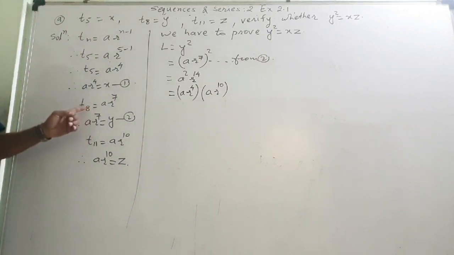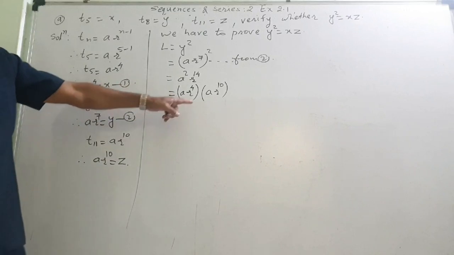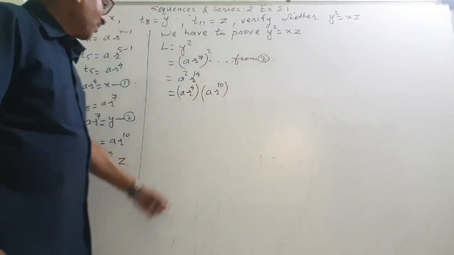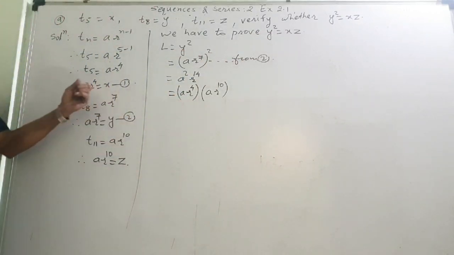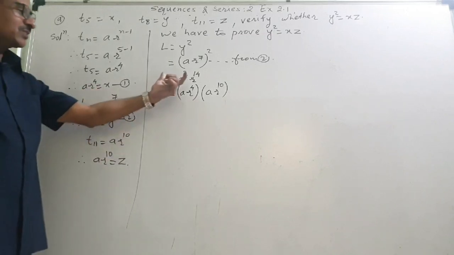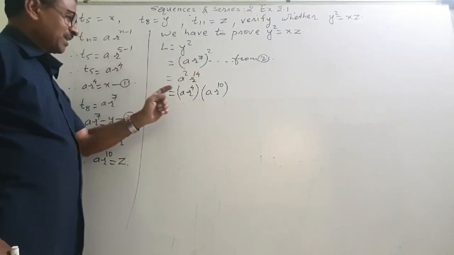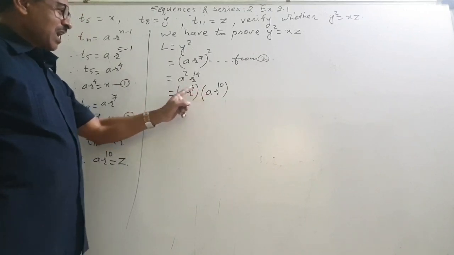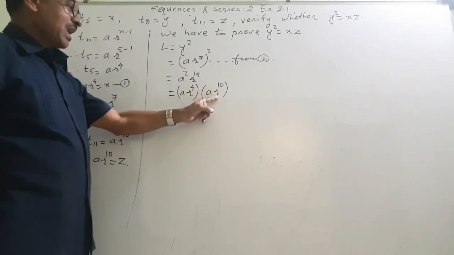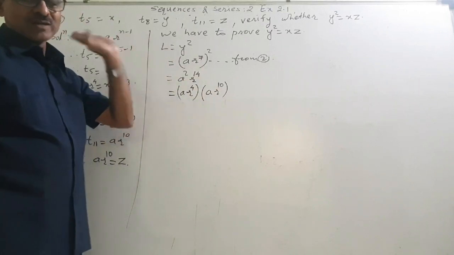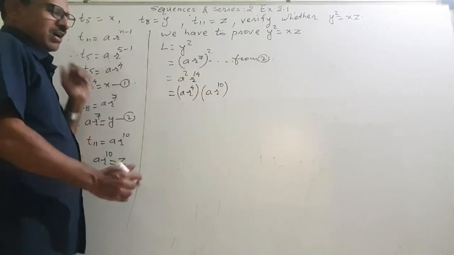See this. I want xz. What is this x? Here I have written ar raised to 4. That's why this a square r raised to 14, I have split it. A into a square, r raised to 4 into r raised to 10, r raised to 10 plus 4, that means 14. So this way I have split it.